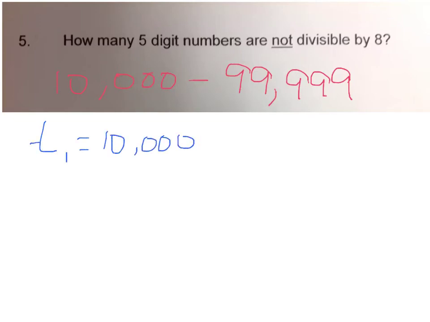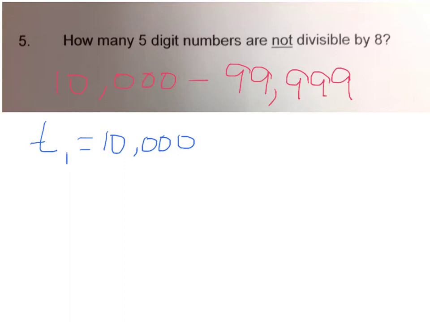So I know my first term in this sequence is going to be 10,000. Well, the next term would be 10,008. But we're not going to list all these out. That would take forever. Now I'm going to take this 99,999 and divide that by 8. Well, I don't get an integer. I get some number with a decimal.